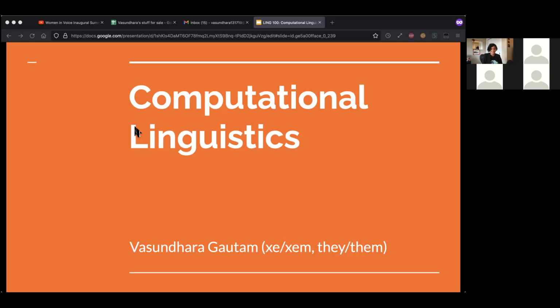And my plan for today is kind of to give you an idea of some of the problems that we deal with in speech recognition, and to give you a high-level idea of how speech recognition works. And I think that you should have a lot of the tools to understand that at a high level at this point already, even though you're in Ling 100, which means you're just getting a gentle introduction to linguistics.